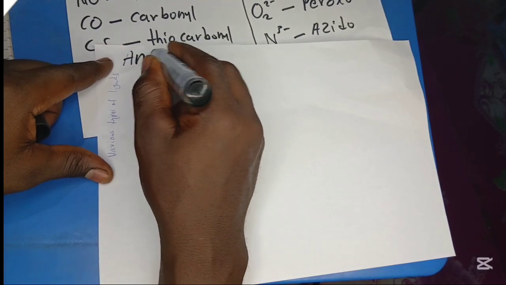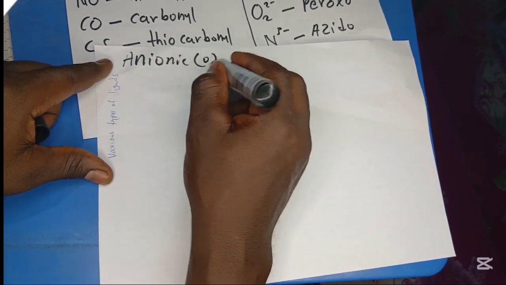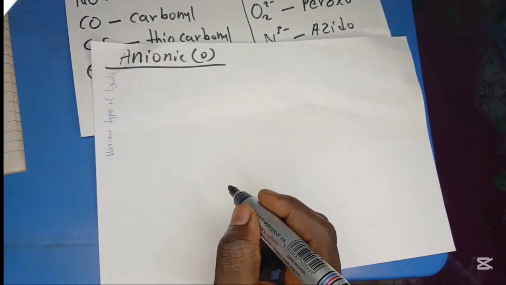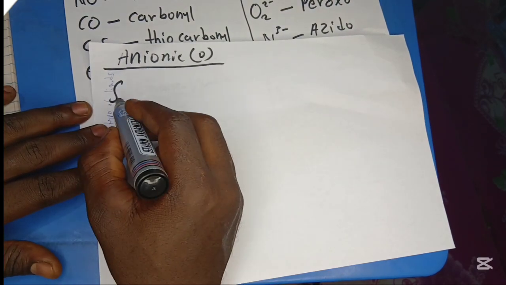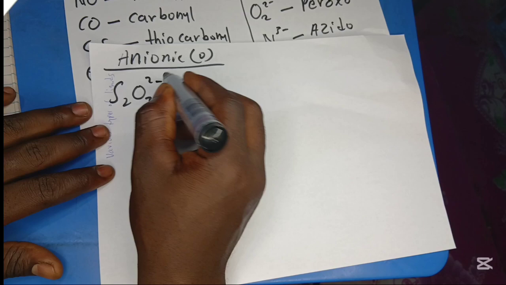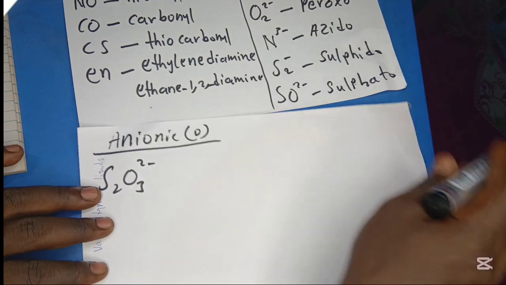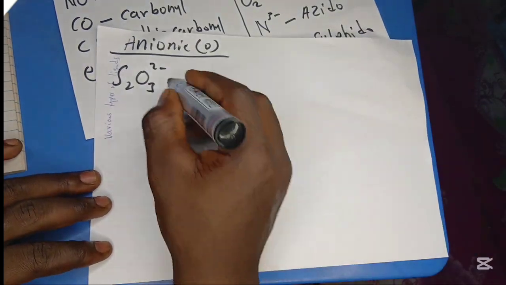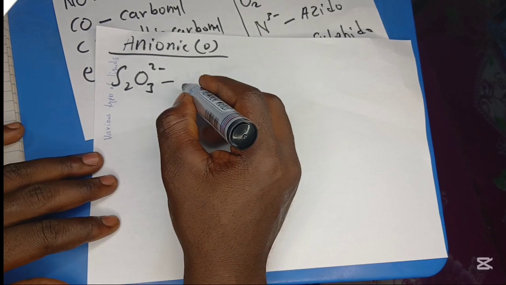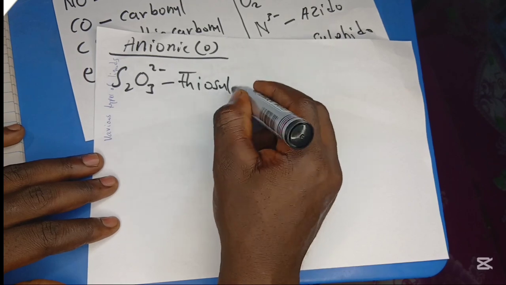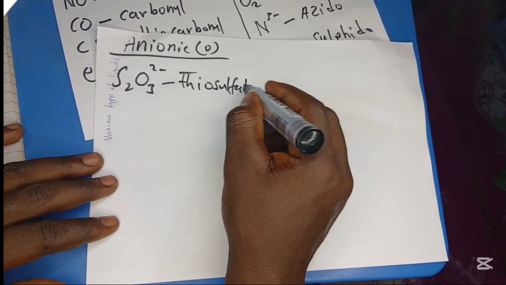We're still with the anionic ligands, and like usual, their names end with the suffix O. S2O3 2- is called thiosulfato. So this one is called thiosulfate ion.